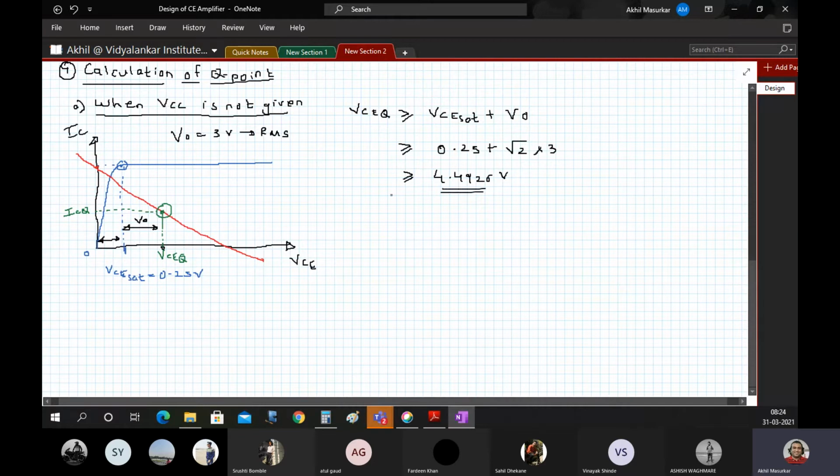But as a designer, we cannot design anything very cut to cut.